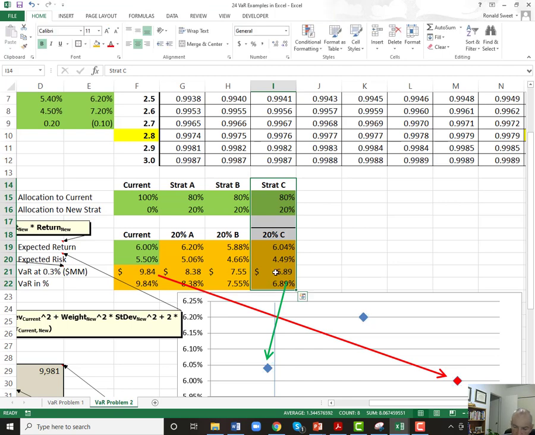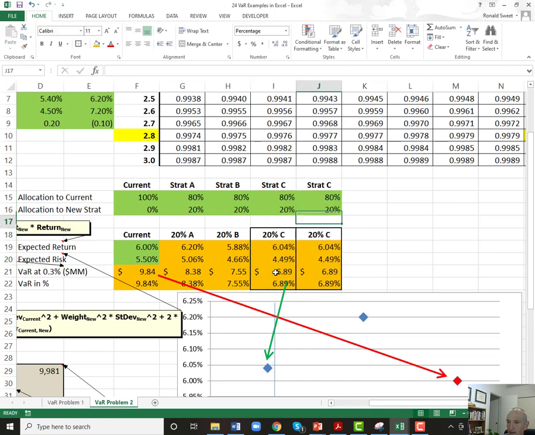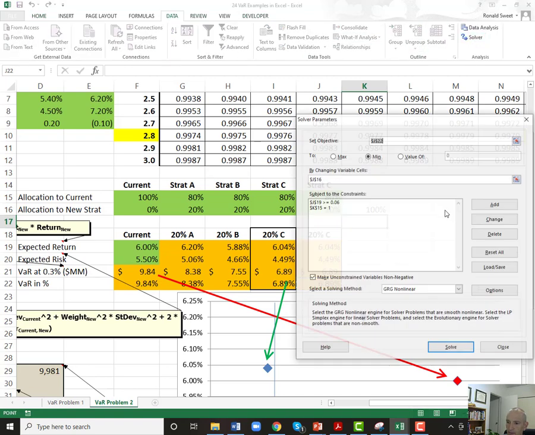Now let's look at C again, like we did last time, looking at what could be the best strategy. So if we do 1 minus C's, and we say we want 100% in the 2, so let's try a strategy. Let's do Data, Solver.